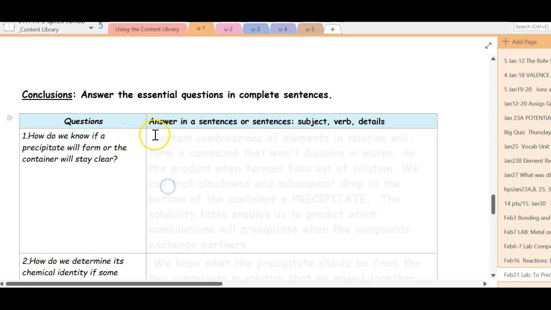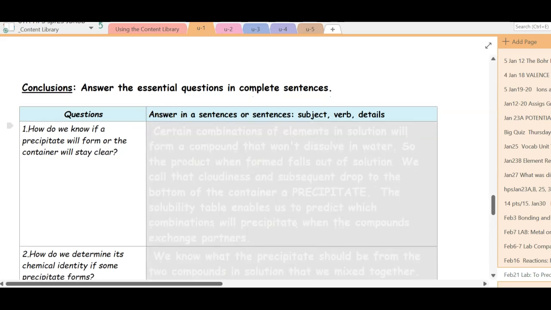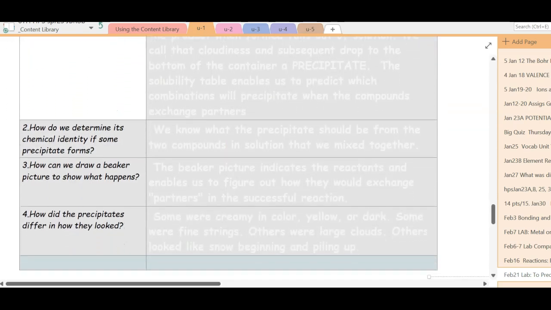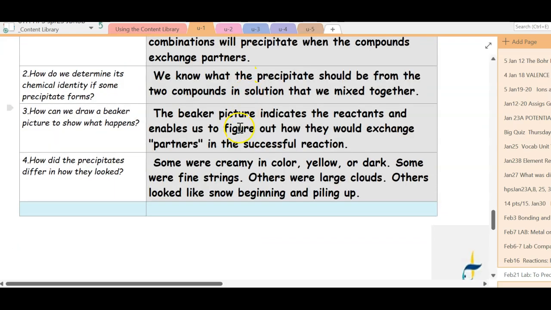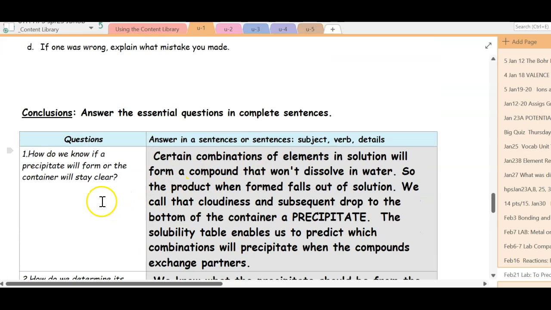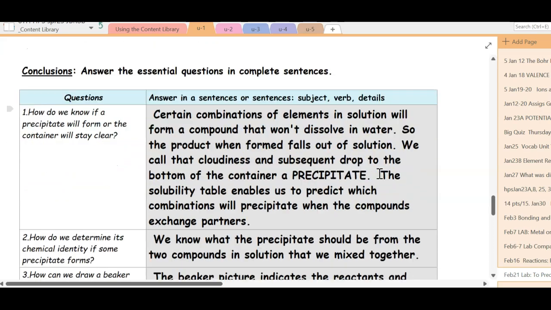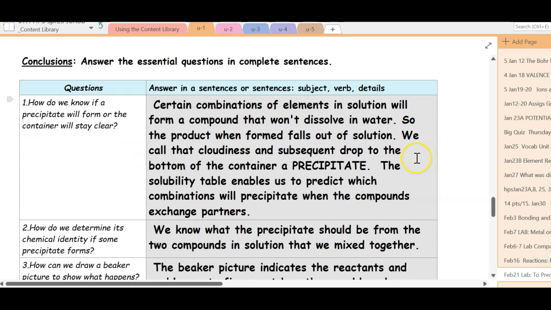Well, let's go ahead and show these. First question, how do we know if a precipitate will form or the container will stay clear after we pour them together? Well, certain combinations of elements in solution will form a compound that won't dissolve.